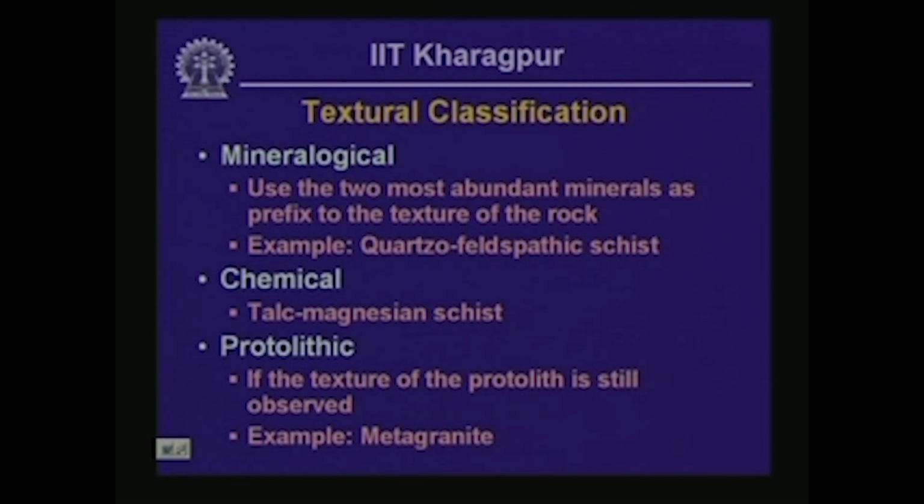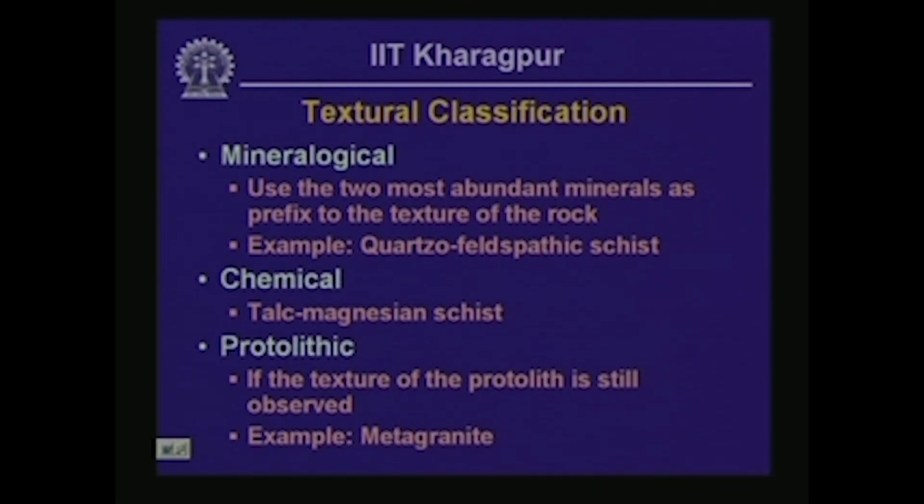We could look at the mineralogy of the rock, and in this case we use the two most abundant minerals as prefix to the type of texture of that particular rock. An example of that is quartzo-feldspathic schist, which is essentially a schist, and the two most abundant minerals in that kind of schist are quartz and feldspars.